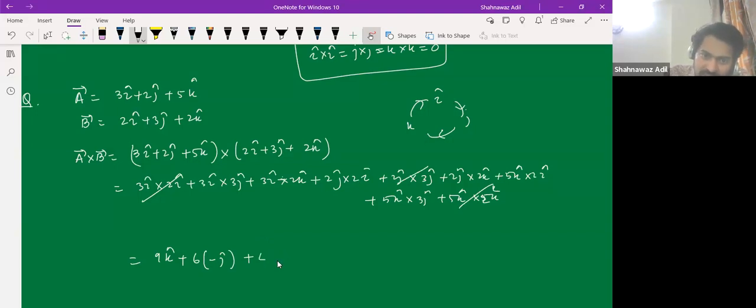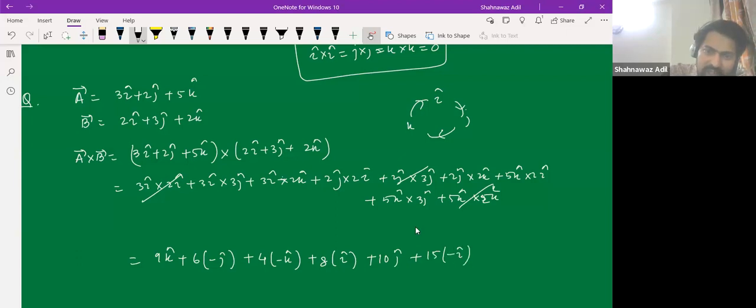Then j cross k is i hat, and then k cross i is j hat. And lastly, k cross j is minus i, right?